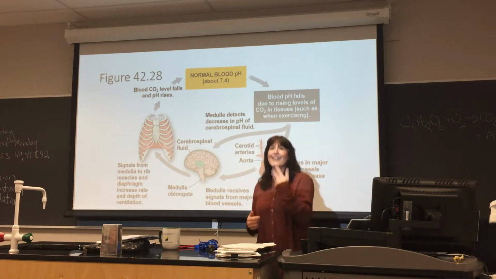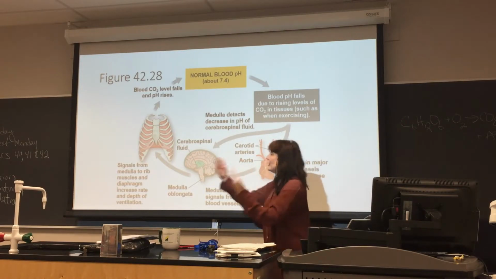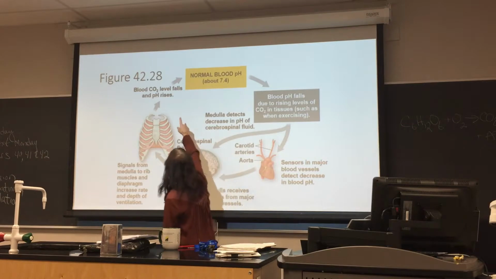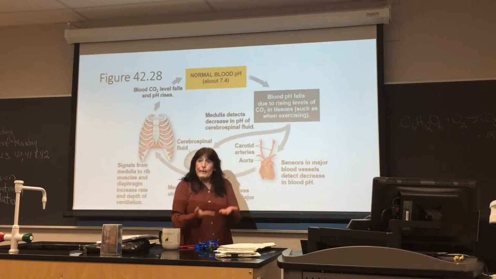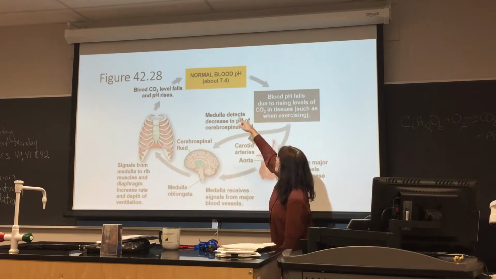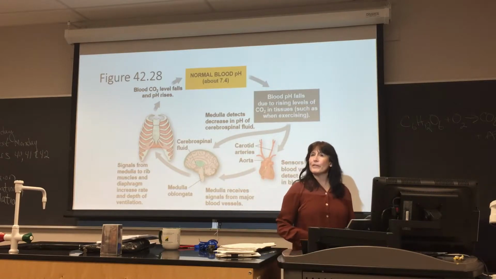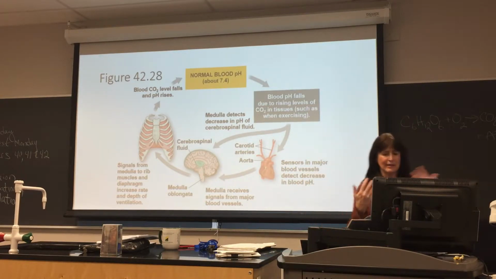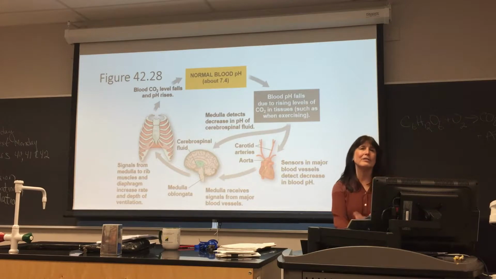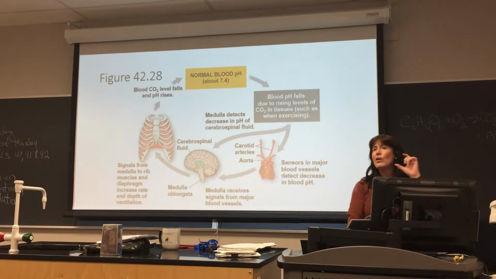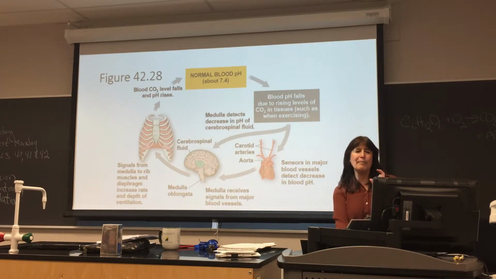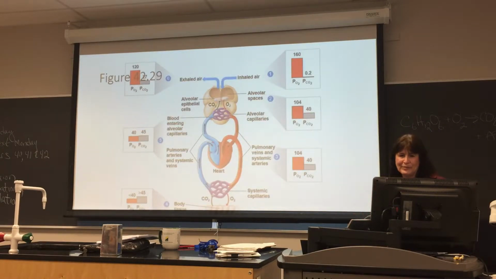You exercise, so you're taking in oxygen, but you're also breathing out more. And we'll get that pH back to its normal level, which is about 7.4. So here you can see it's this nice negative feedback control system that keeps us in this homeostatic range, and we want it about 7.4.